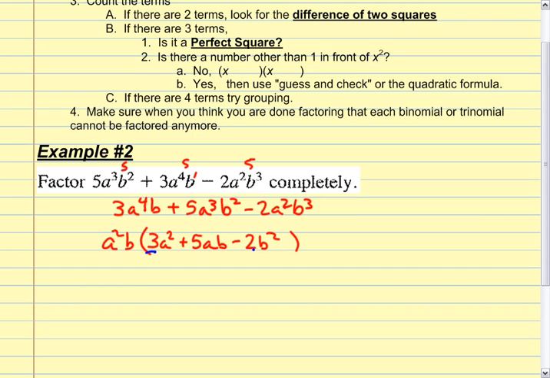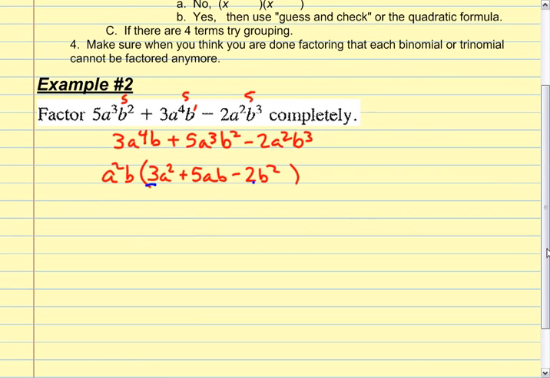Well, there is. There's a 3. So, yes, I'm going to use the guess and check, or I'm going to use the quadratic formula. Now, with this one, guys, I think I'm going to have to use the guess and check because those numbers are pretty small. I've got 3, so that's 3 and 1. And I've got minus 2, so I know I'm going to get minus 1, positive 2, or 1 and negative 2.